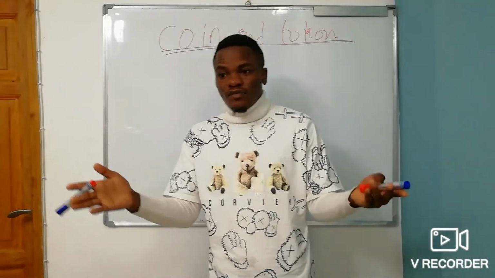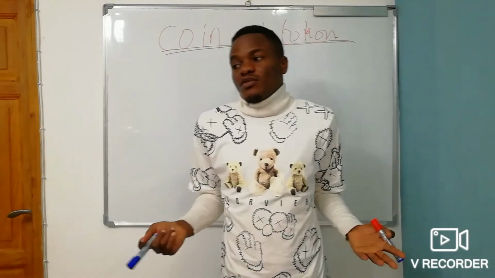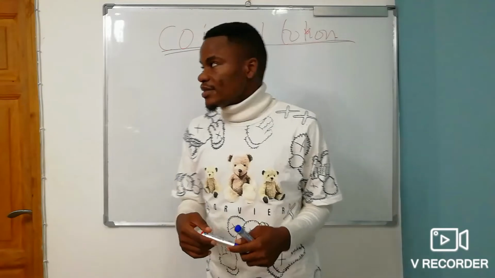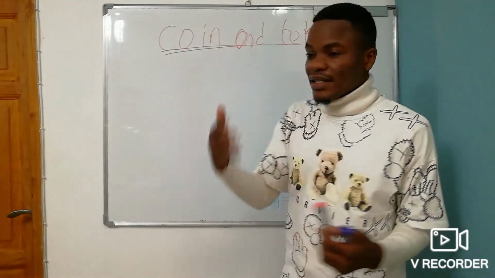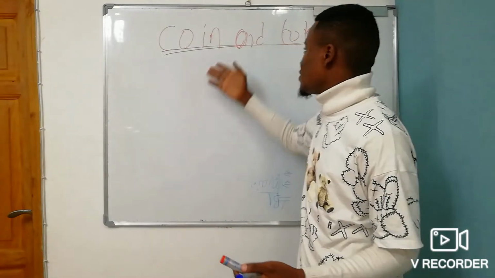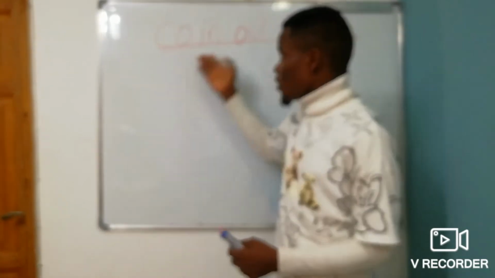That question is left to you, depending on the money you have, depending on maybe your personality, right? So we're using that example to explain the difference between a coin and a token.